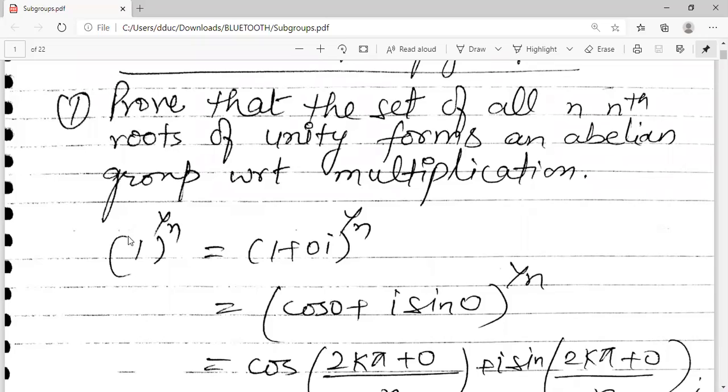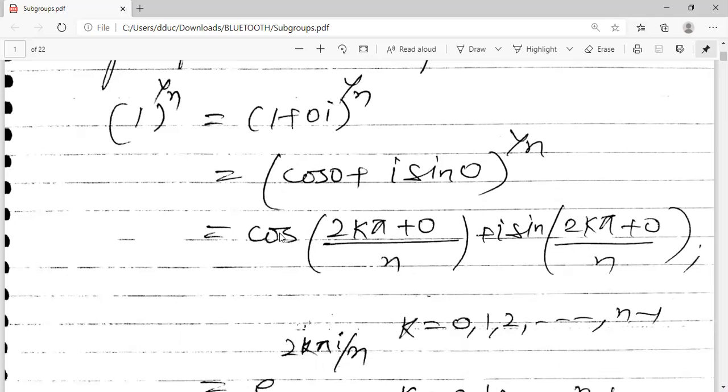The nth roots of unity means 1 to the power 1 upon n, and 1 can be written as (1 plus 0 iota) to the power 1 upon n, and this you can write as (cos 0 plus iota sine 0) to the power 1 upon n. Then cos 0 can be written as cos 2k pi plus 0, according to the period, and sine 0 as sine 2k pi plus 0, with the whole power 1 upon n.